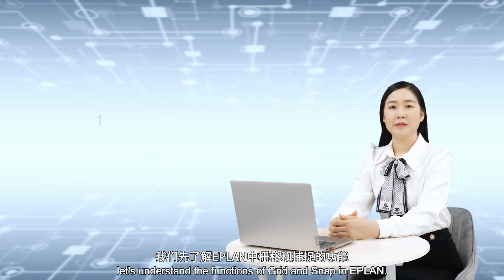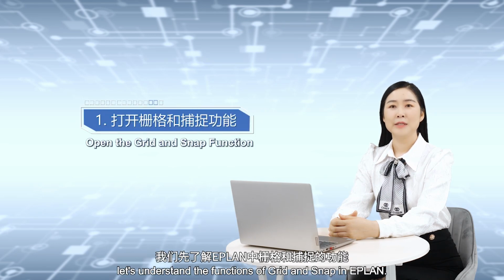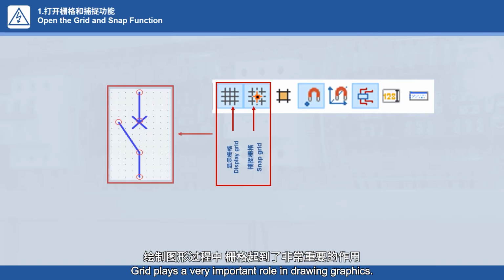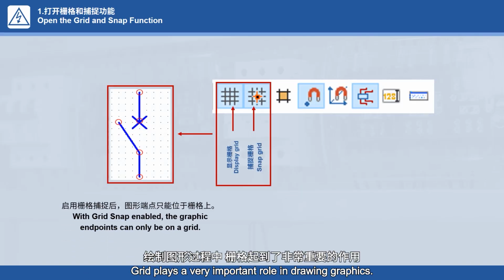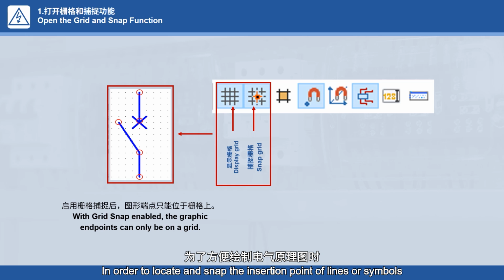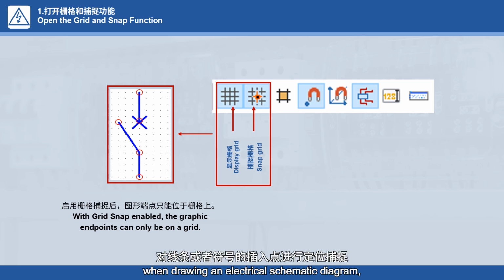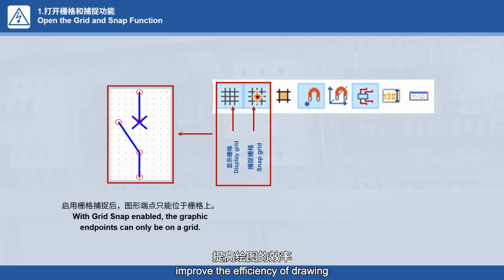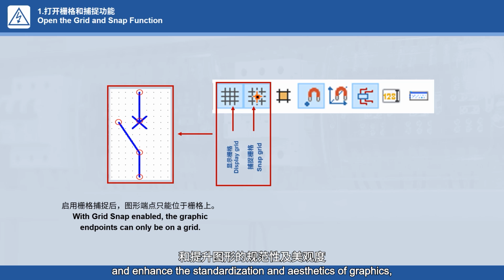Before drawing, let's understand the functions of grid and snap in E-Plan. Grid plays a very important role in drawing graphics. In order to locate and snap the insertion point of lines or symbols when drawing an electrical schematic diagram, improve the efficiency of drawing, and enhance the standardization and aesthetics of graphics, it is often necessary to open the grid snap function.